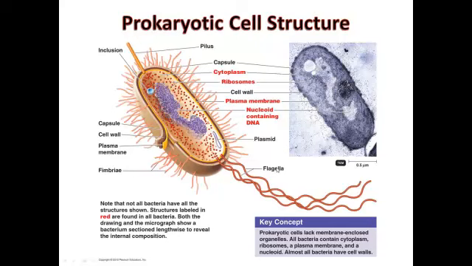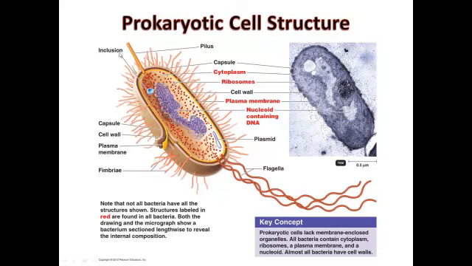So let's take a look at this diagram in more detail. The items that are in red are items or structures that all prokaryotes have. They all have cytoplasm, they all have ribosomes, they all have a plasma membrane, and they all have a nucleoid containing the DNA.